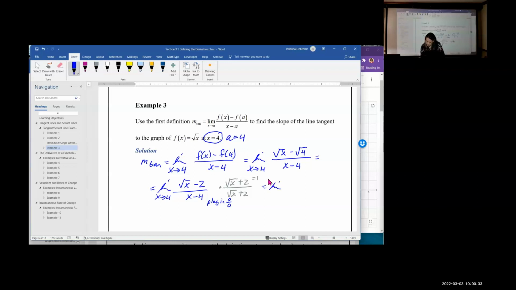And this is going to give me the limit as x approaches 4 of x minus 4 in the numerator. Remember, when you FOIL the difference of two squares pattern, you get the first one squared, which gives me x. The outside and inside are identical, but with opposite signs, so they cancel. And then you get minus the last one squared.